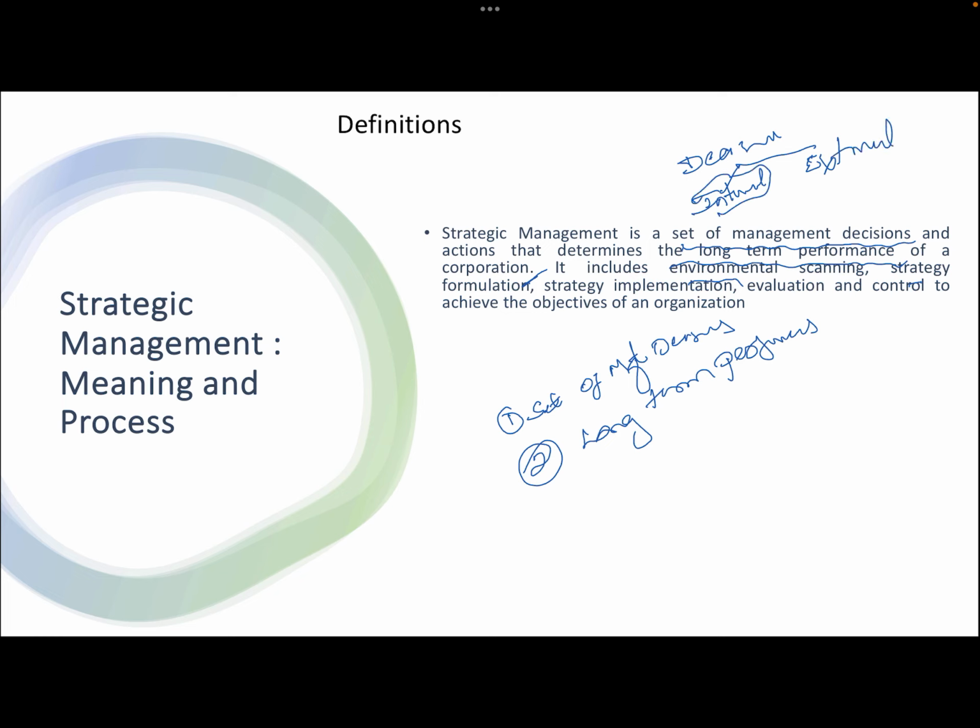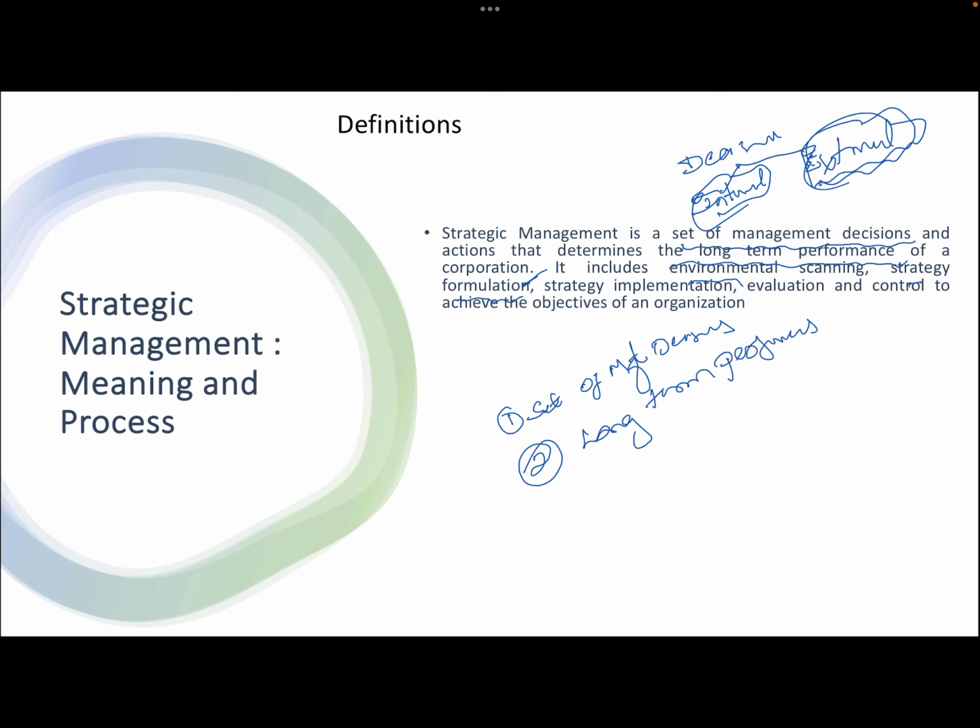Internal environment: how many people are there in the company, what is the fund availability, what is the skill set of the company's resources, what is the objective and mission statement of the business. External environment: what is the political condition of the country, what are the legal strengths, what are competitors doing, and who the suppliers and customers are, which are external to the company. All these things should be reviewed first, and then strategy should be formulated.